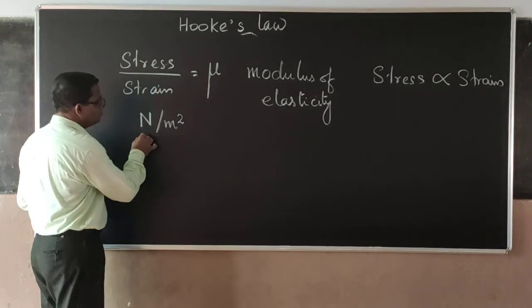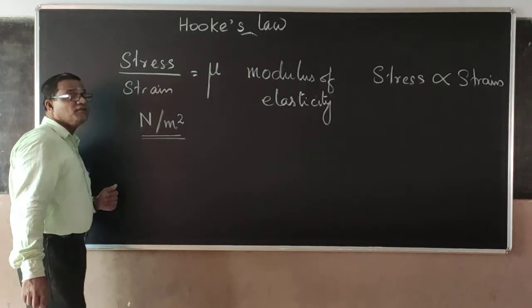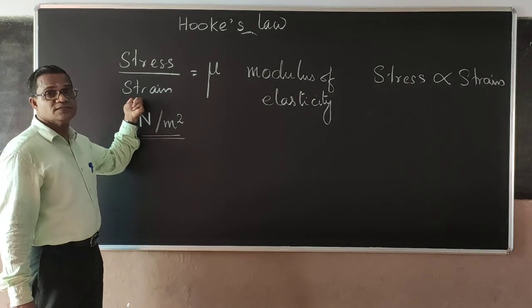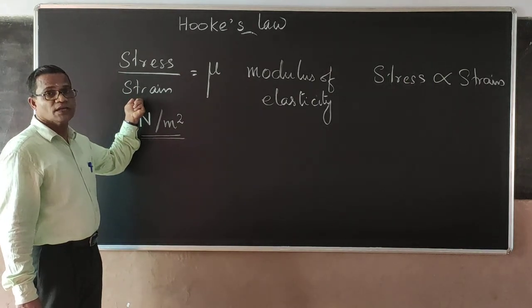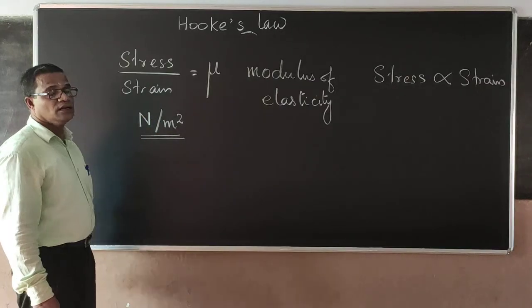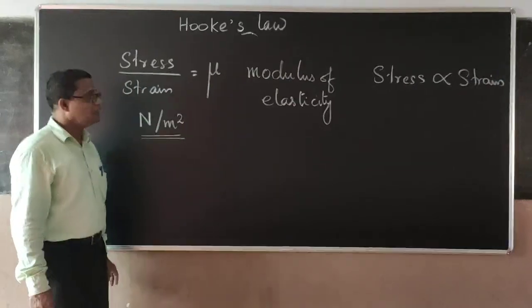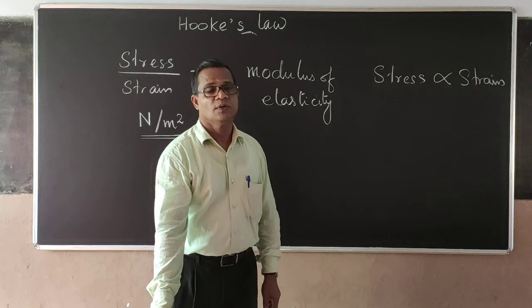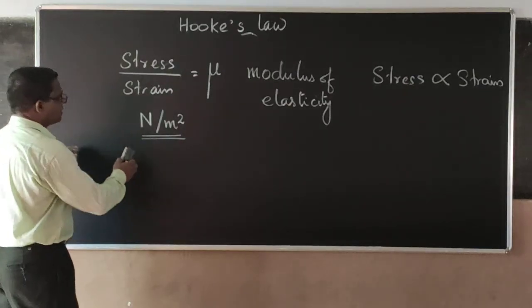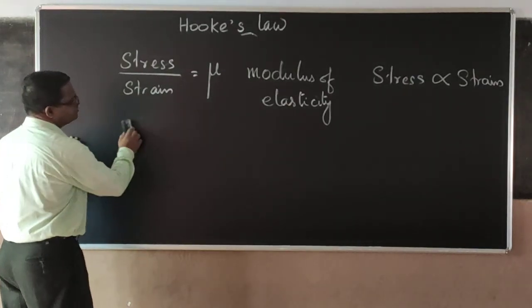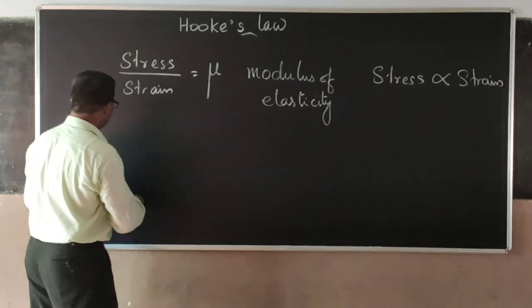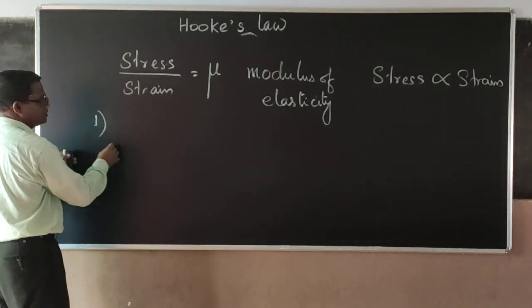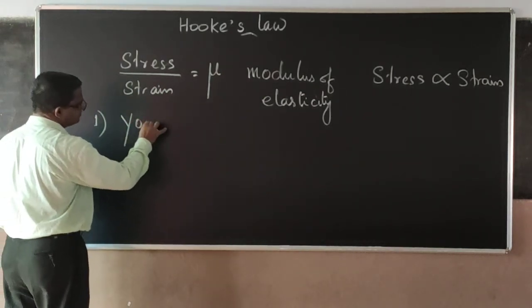Now, we studied three different types of strains. So depending upon that, we will be able to define three different moduli of elasticity. Now let us see what they are. First one, Young's modulus.